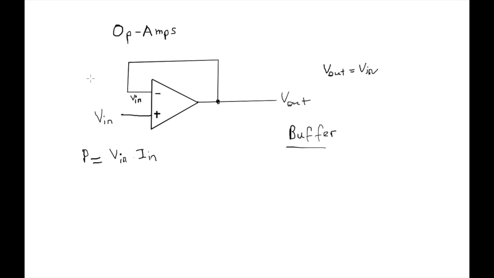For instance, this input voltage might be coming from a microcontroller, and it might have only a very small maximum current possible. But let's say we want to drive a motor by using this input voltage at the same voltage level, but since the microcontroller cannot give out a large current, I cannot drive a motor directly with this signal.